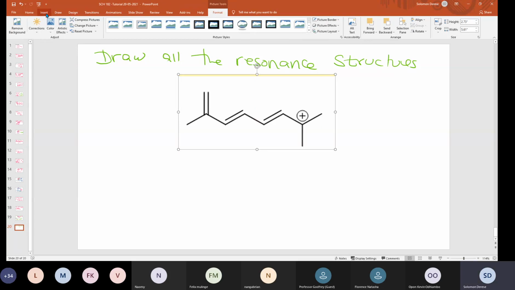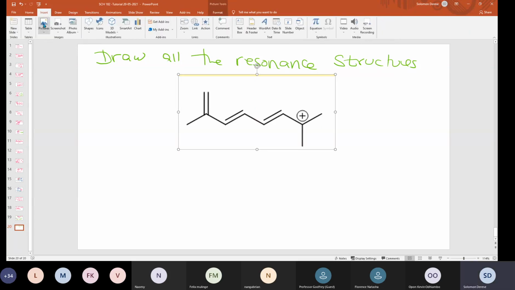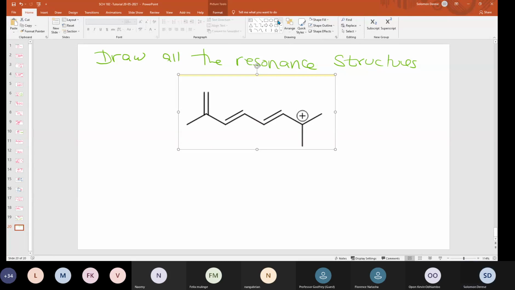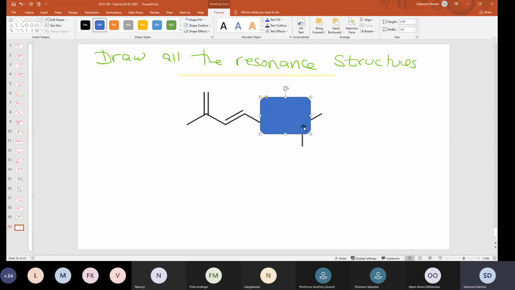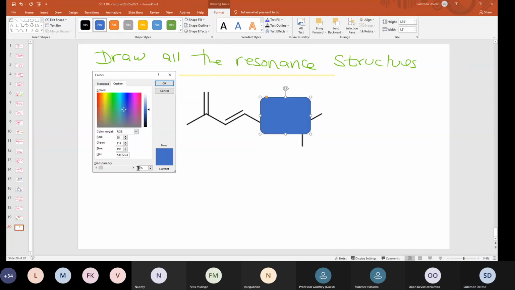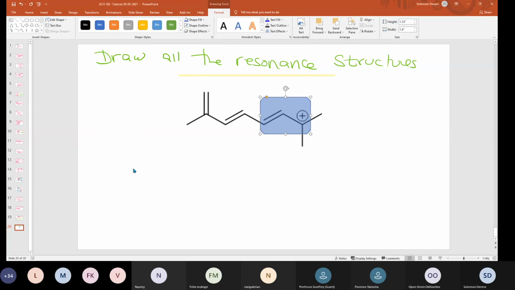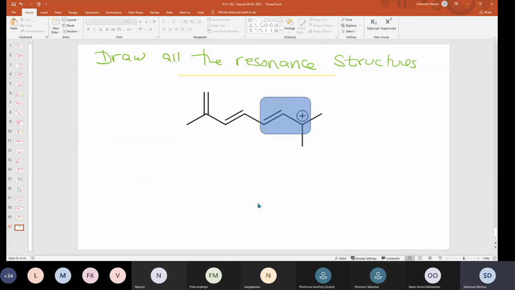If you look at this molecule, just forget about the other details, okay? Let's just focus on this, okay?